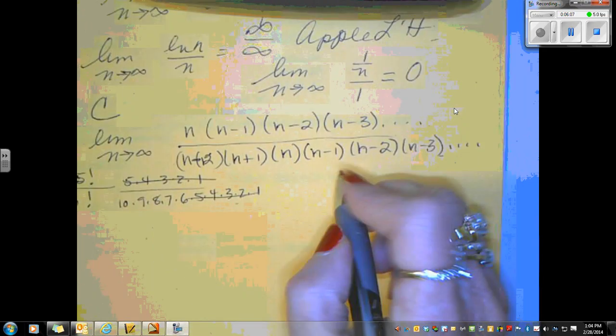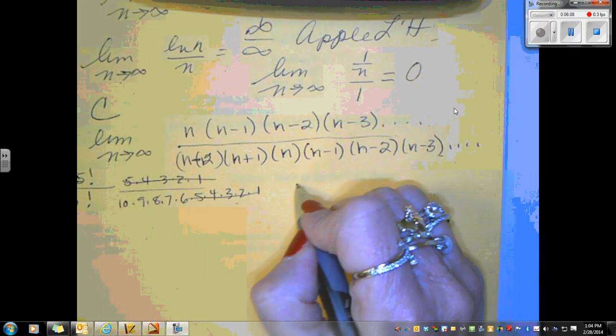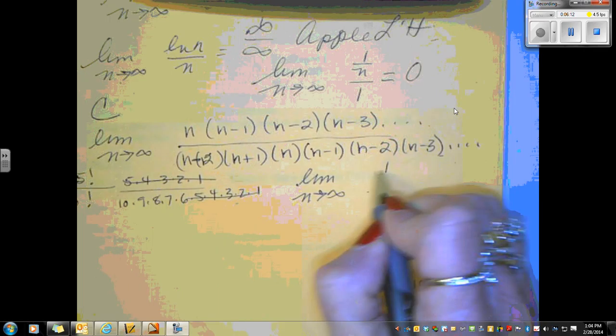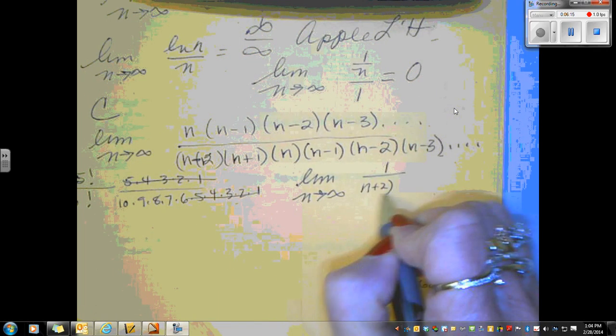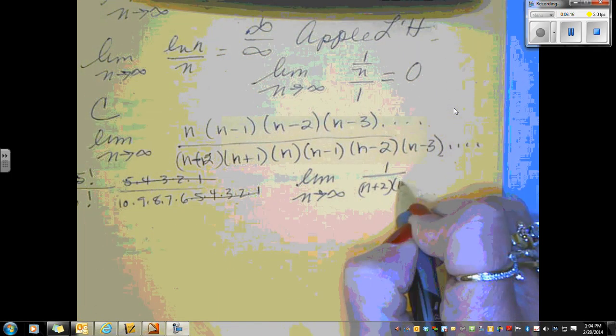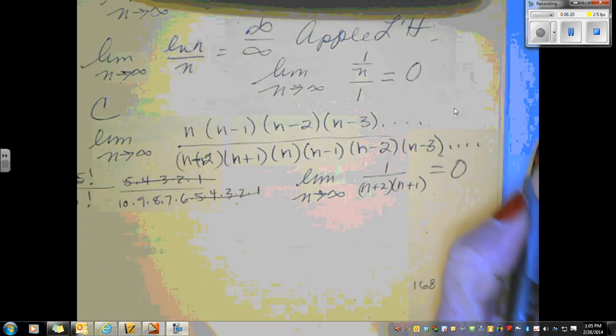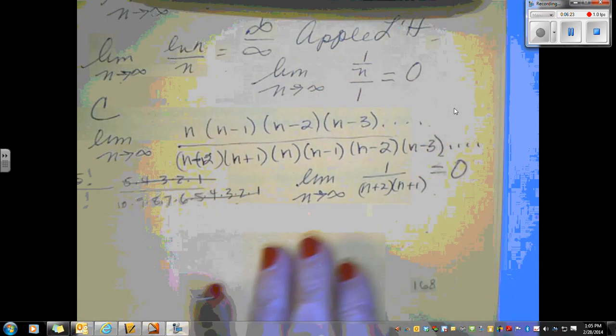All right, now, what do we have here? We have basically the limit as n goes to infinity of 1 over n plus 2 times n plus 1. So what do we get? 0. So this converges.